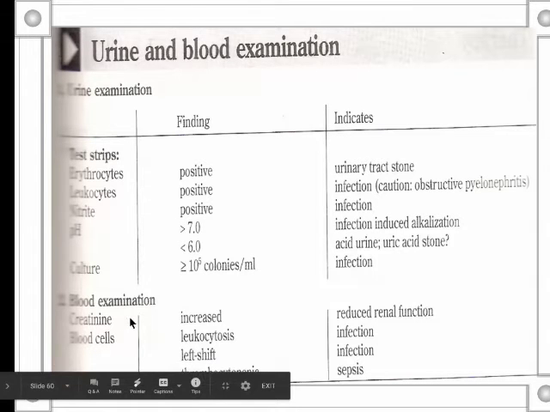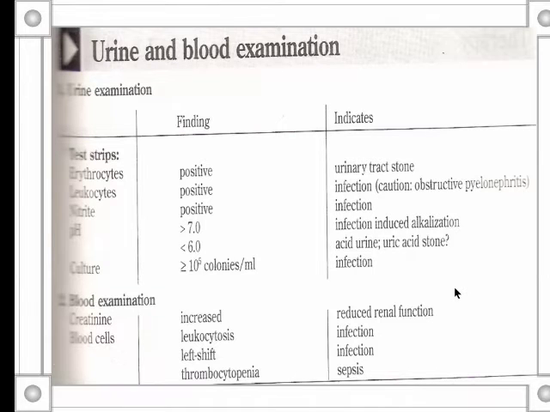Then blood examination to find out what is the creatinine level, what is the urea level, and if there is infection, then total count, whether leukocytosis, whether left shift. They will suggest to you that if creatinine is raised, it means there is impairment of the kidney function. There are two kidneys. If one kidney is affected, the other kidney will take over. But if the creatinine level is raised, it means there is significant effect on the kidneys.